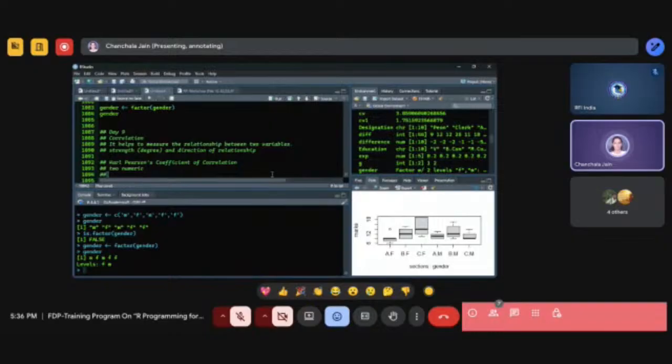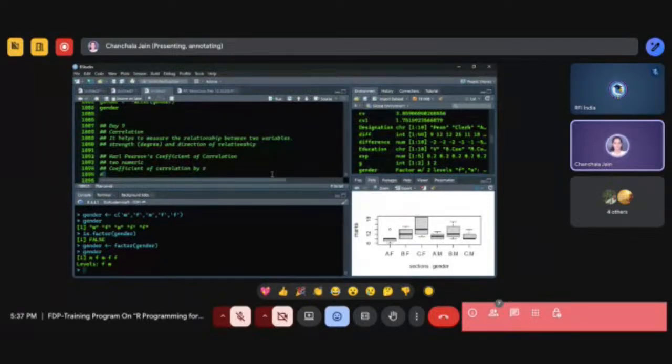We can represent the coefficient of correlation by small r. The value of r lies between -1 and +1.